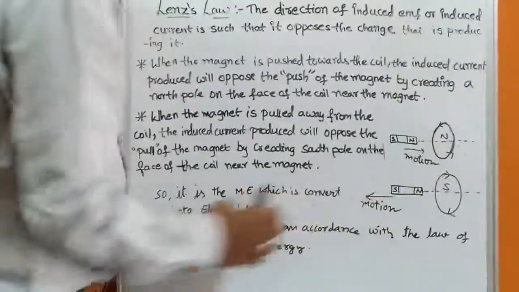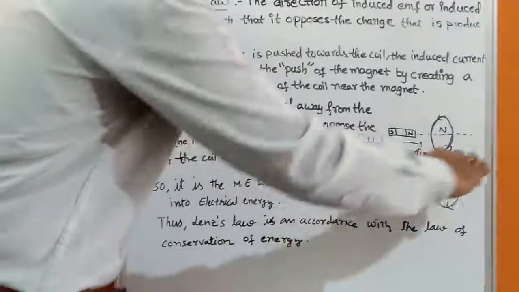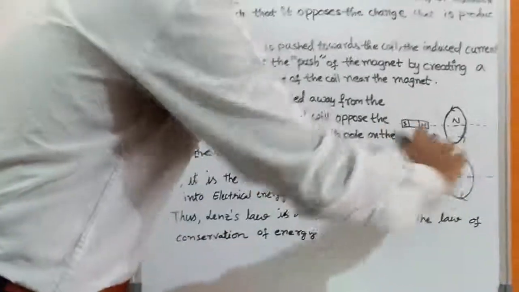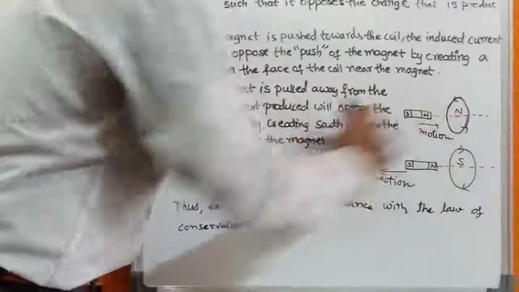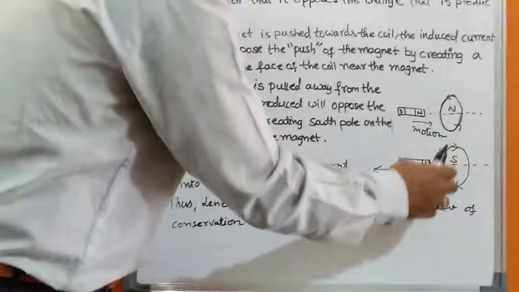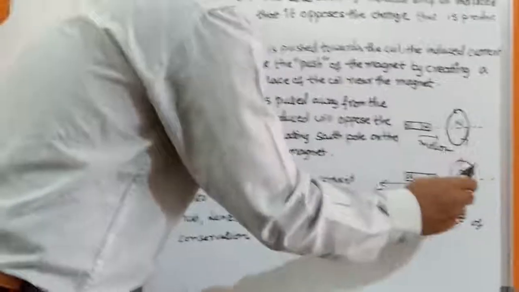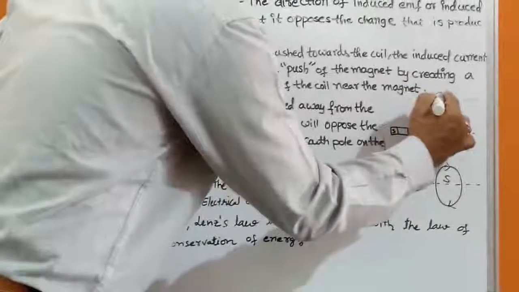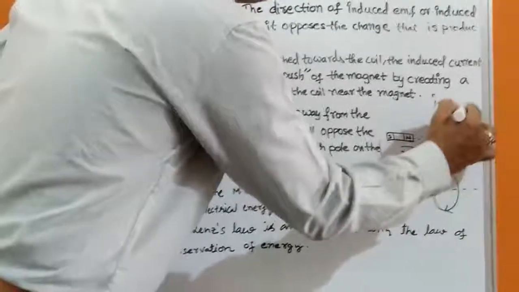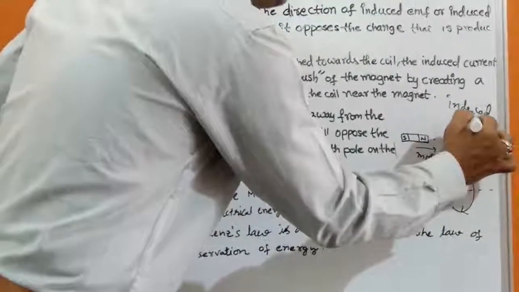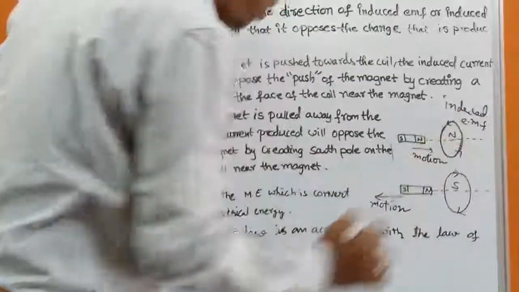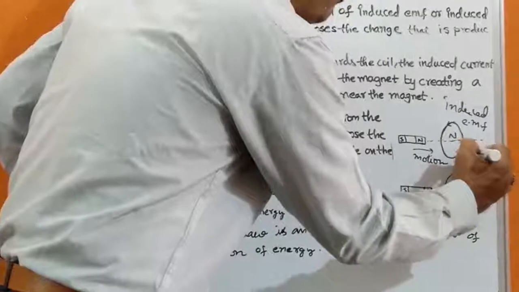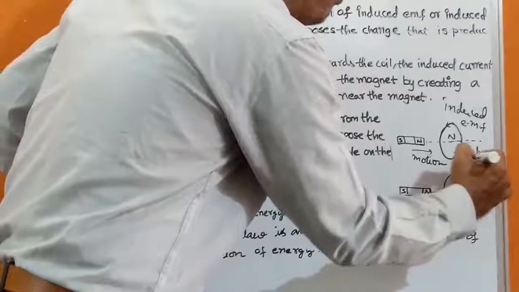So from this we can say, when the magnet is in motion to push or pull, it is nothing but mechanical energy. So that mechanical energy is converted into electrical energy. Here we can observe the induced electromotive force or induced current, that we can identify by using a galvanometer.